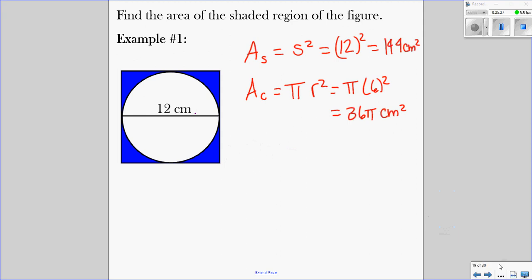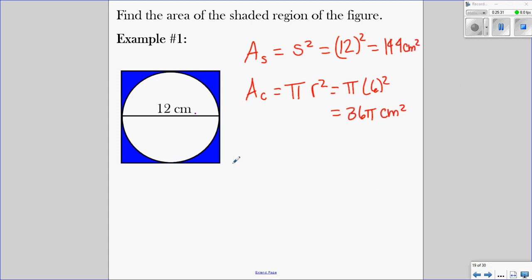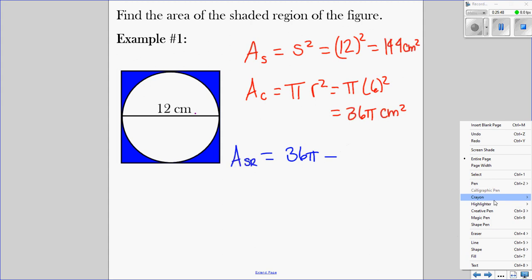I used blue, so I'm going to put A S R, that's shaded region, and I'm going to subtract. So it'll be 36 pi minus, oops, did I do that right? Nope, sorry, I mixed that up. The bigger is 144. Gotta pay attention.